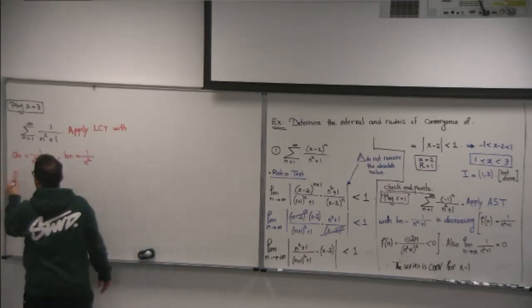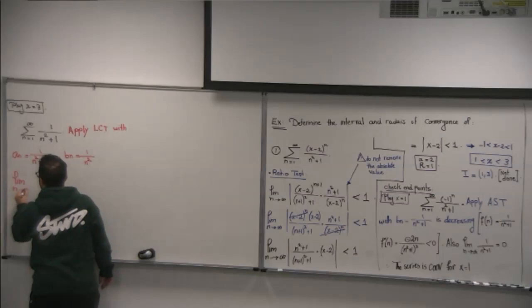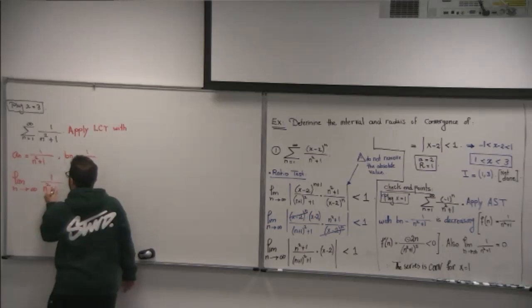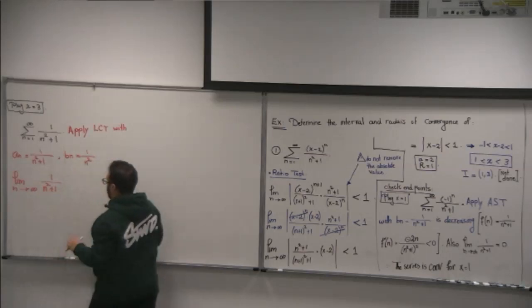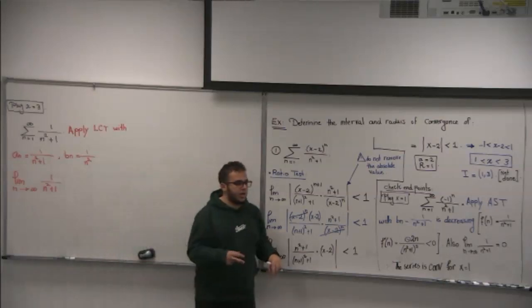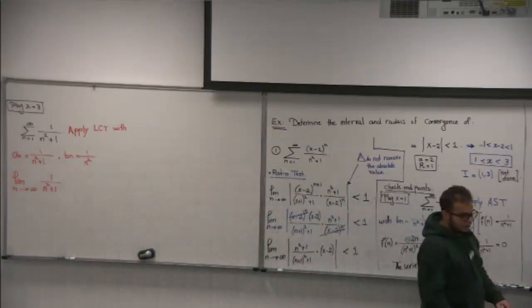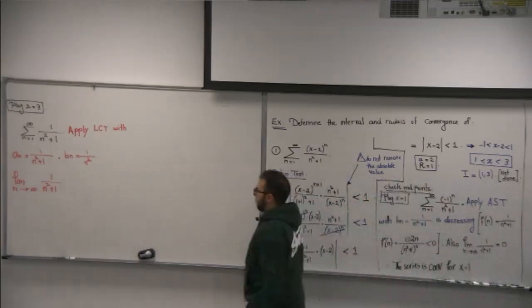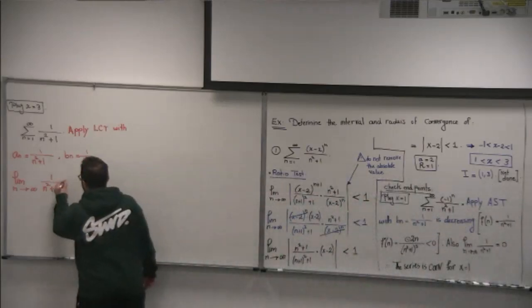Now, take the limit as n goes to infinity of an multiplied by the reciprocal of bn, which will be n squared.